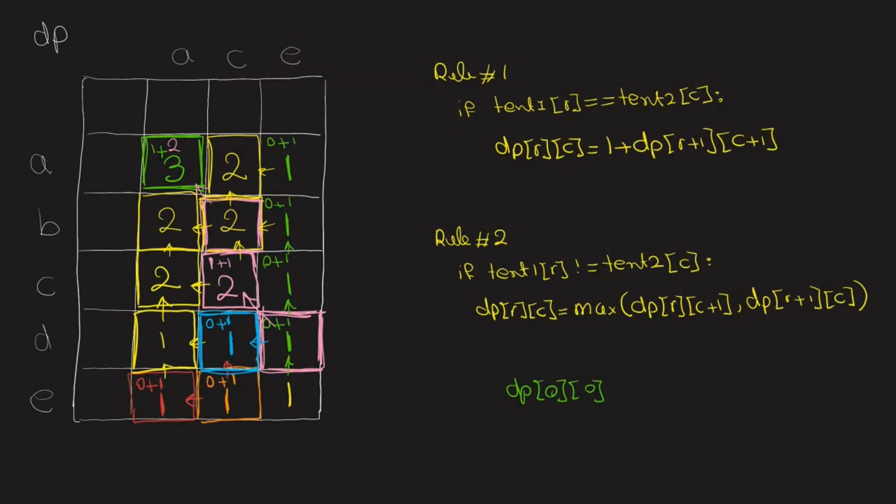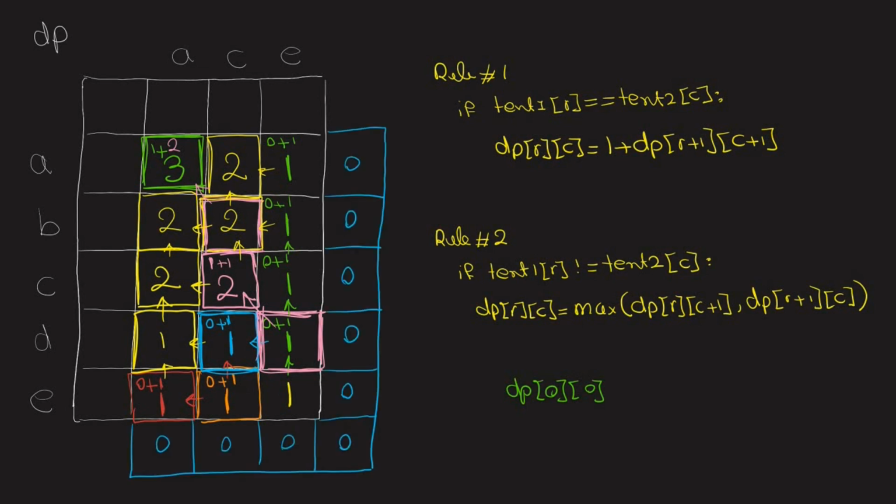So to calculate the last row and last column of dp in our code, it's more convenient to pad this matrix with zeros. And you can see that doesn't change anything in our rules, because for example, when we compared E to E for this cell, we got 1. So dp r plus 1, c plus 1 is 0. So 1 plus 0 equals 1.